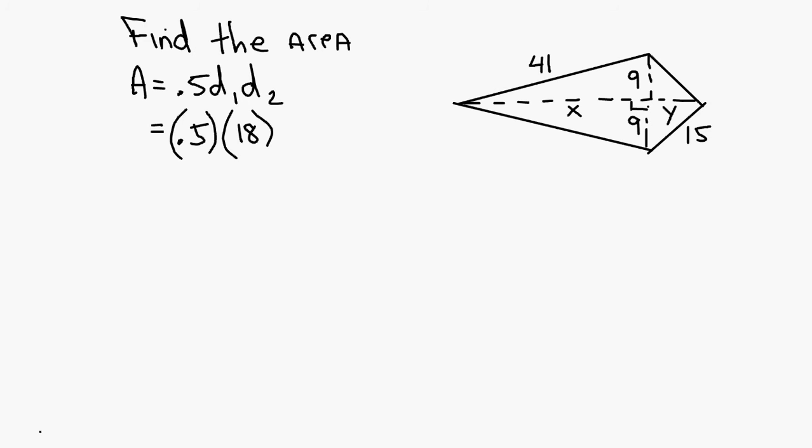One of the pieces you're going to find by x squared plus 9 squared equals 41 squared. Agreed? You've got a right triangle and you need one of the legs. So x squared plus 81 equals 1681.